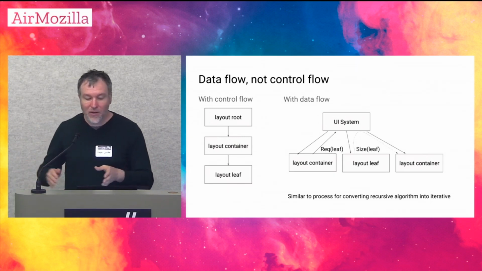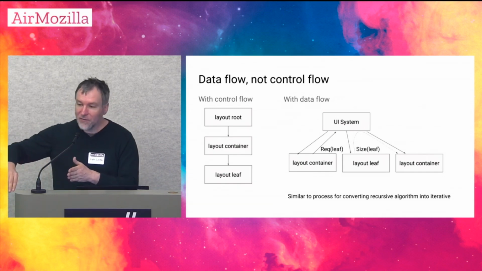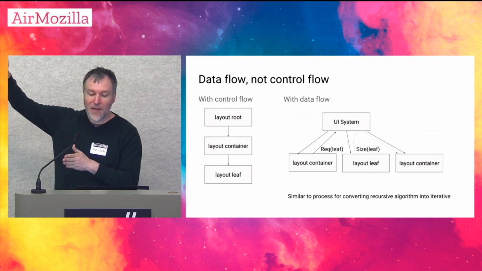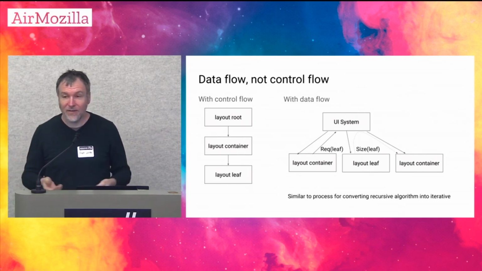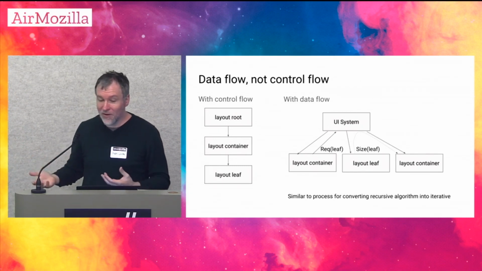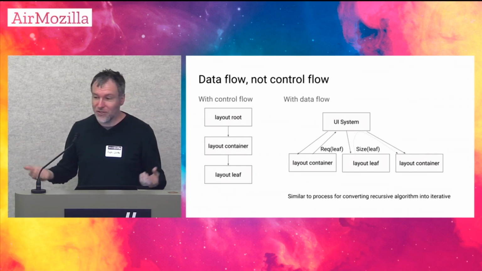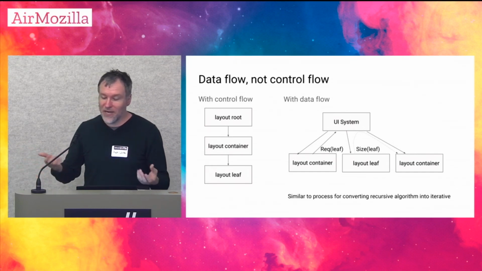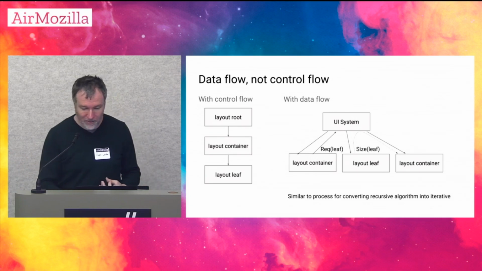And then when you request, oh, please lay out my child, you've got the data that comes back up from that call into the next call. And that implements this layout protocol without fighting the borrow checker at all. There's no interior immutability. There's nothing that's difficult or painful to program.